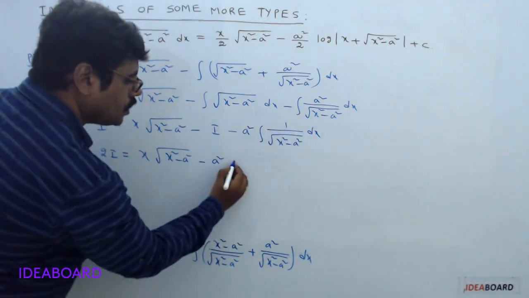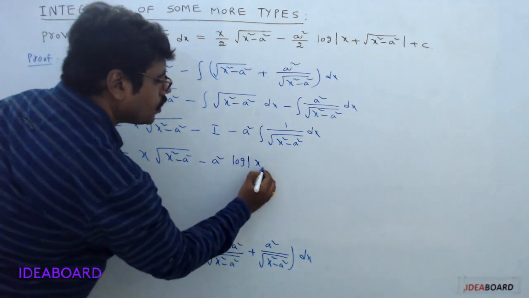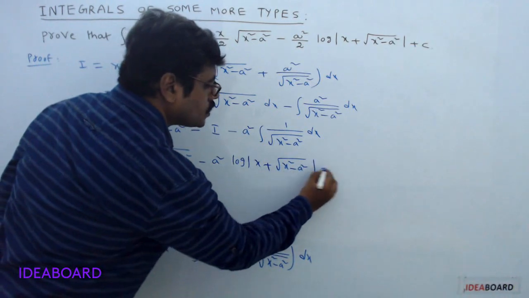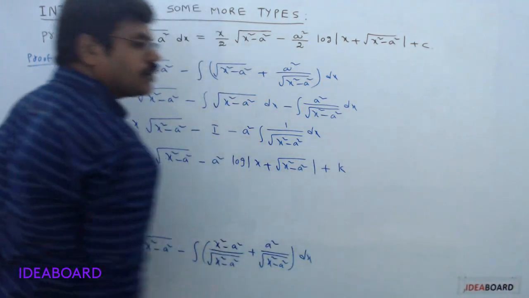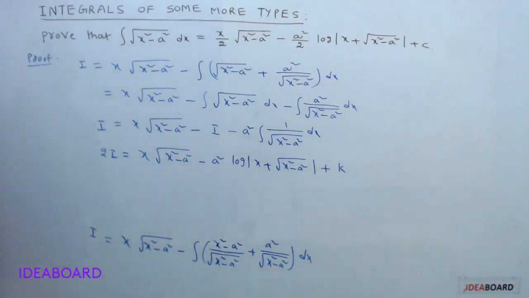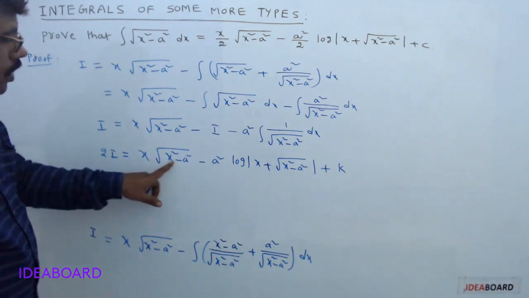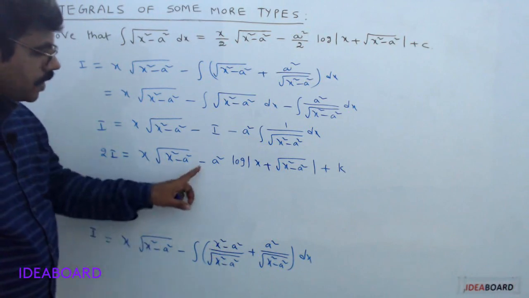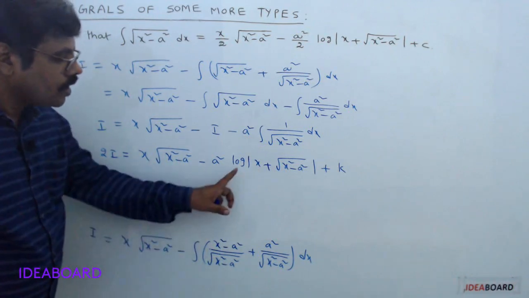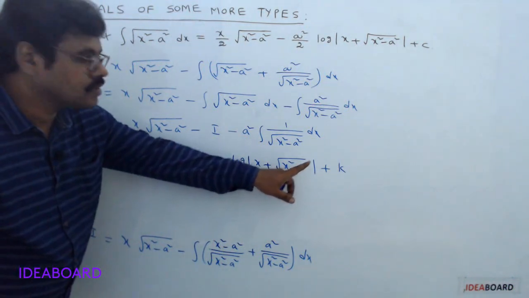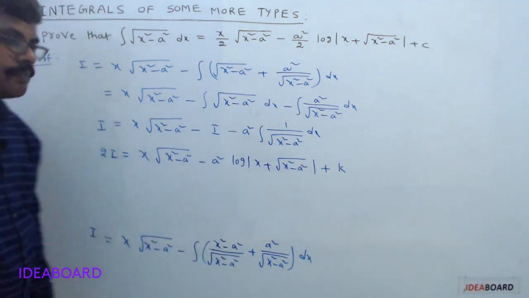What is its formula? It is log mod of x plus square root of x square minus a square plus some constant k. Now here 2I is x into root of x square minus a square minus a square into log mod of x plus square root of x square minus a square plus some constant k.